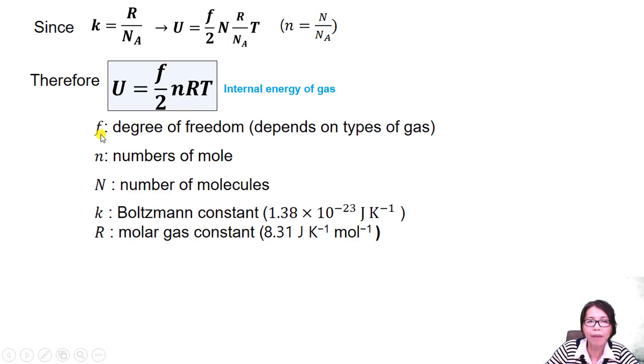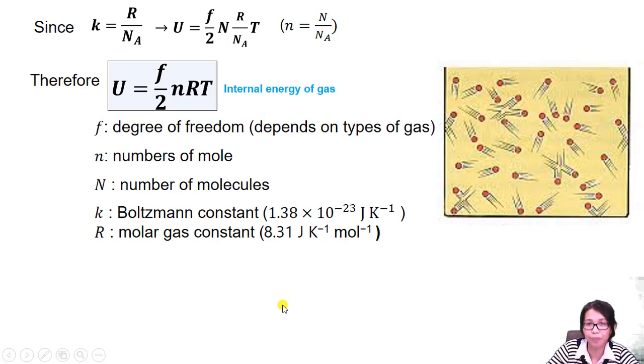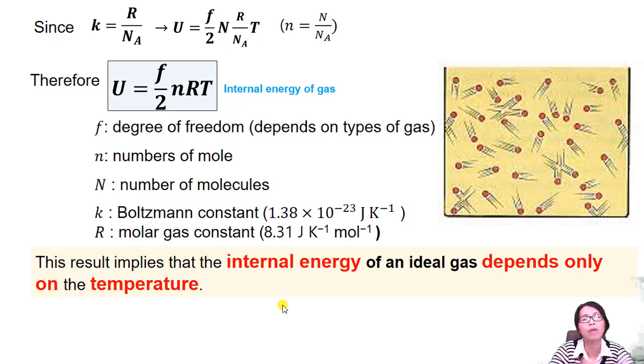So bear in mind, F represents the degrees of freedom, and this depends on the type of gas. Small n represents the number of moles, capital N represents the number of molecules, k is the Boltzmann constant, and capital R is the molar gas constant. So from the equation we get, the result implies that the internal energy of an ideal gas depends on the temperature.